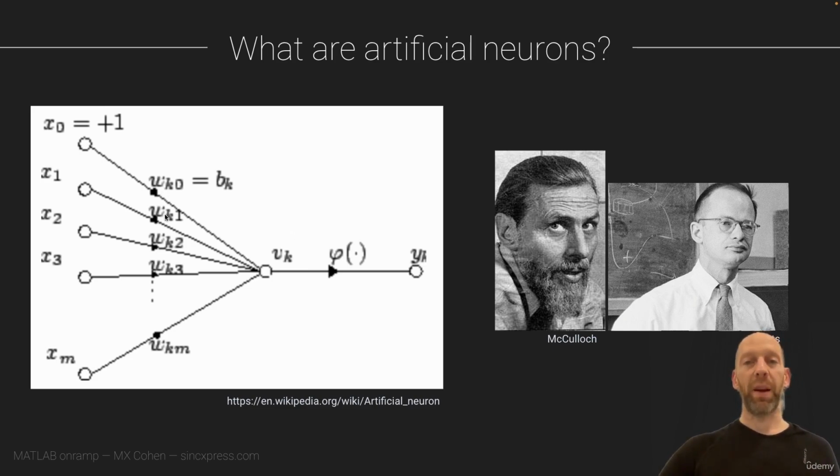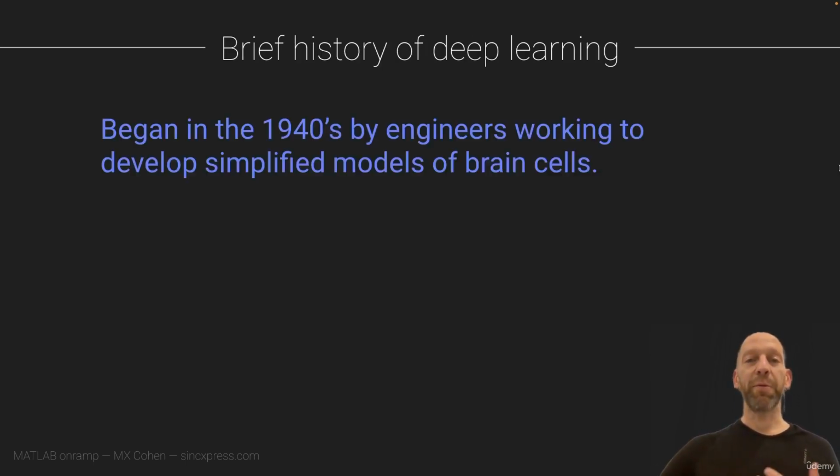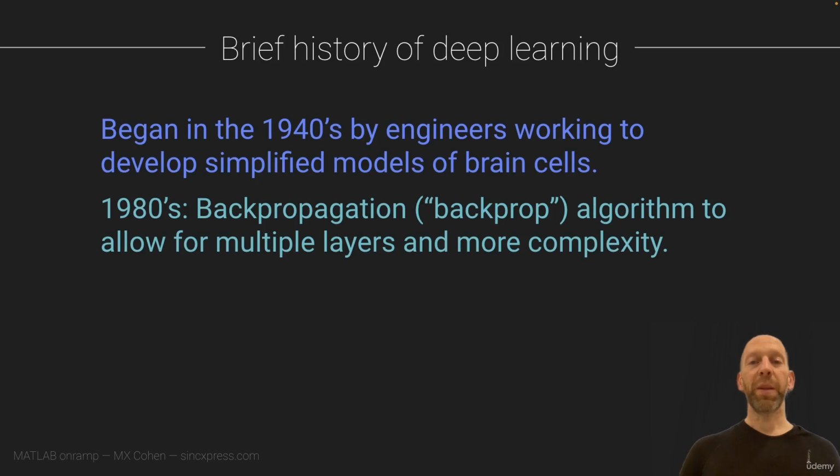Now, these weights are initialized to be random, but then the model learns over repeated examples how to set these weights to give the correct answer. So yeah, this initial work started in the 1940s. In the 1980s, researchers developed the backpropagation algorithm, which is commonly called backprop. And backprop allows the models to adjust the weights in a more efficient manner, and that allows the models to become more complex.